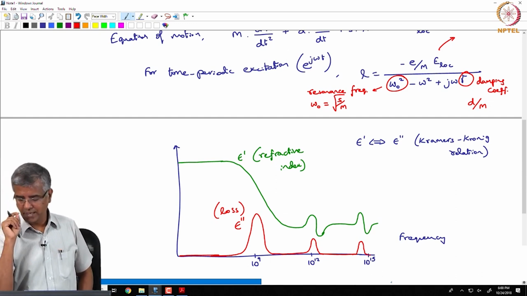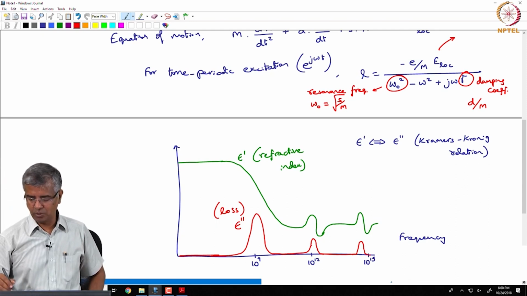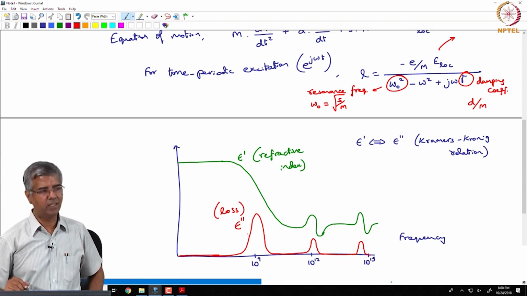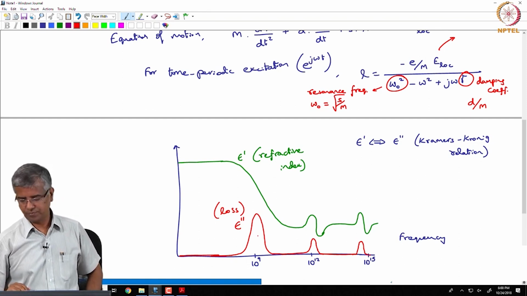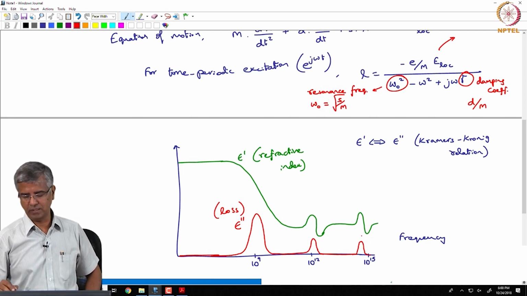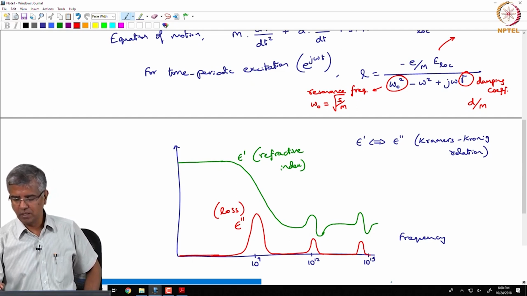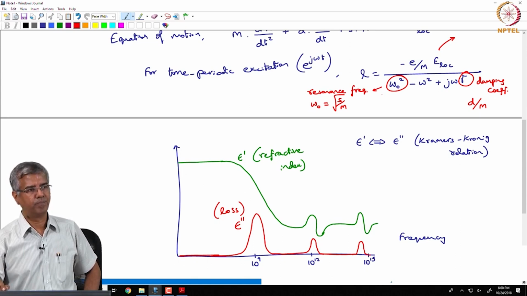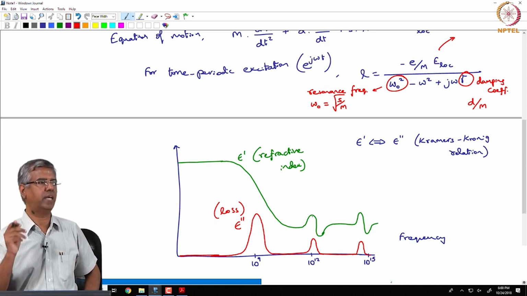And we see that there are 3 loss peaks over here, out of which 2 of them are showing certain resonance. So, why is this a resonance? Because your omega naught and omega around these points actually changes sign.